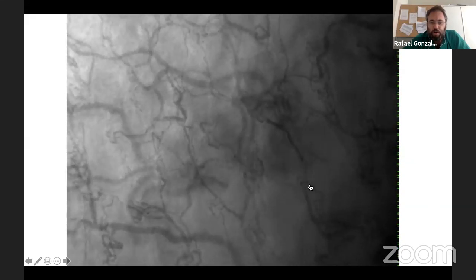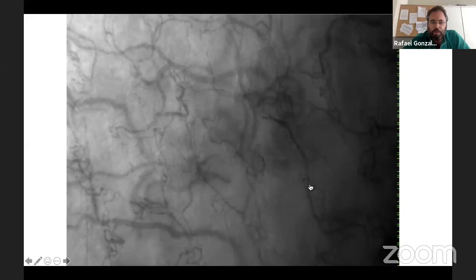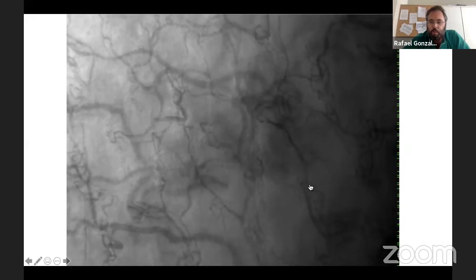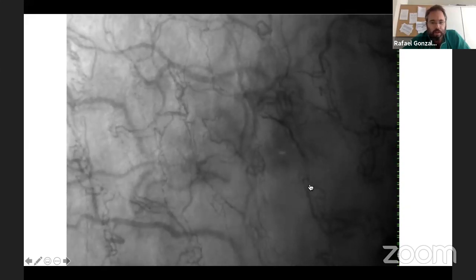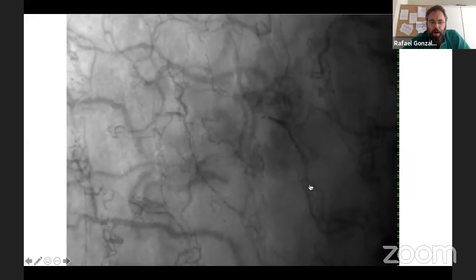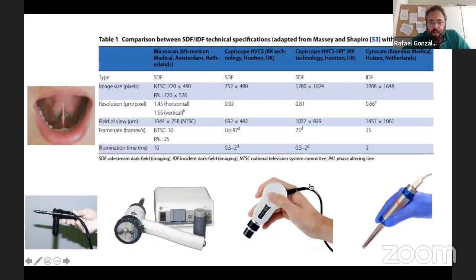We can see all these dark spots moving around the image, which are red blood cells. There are several devices that can give us this kind of images, and we can record them in a computer and then analyze them.